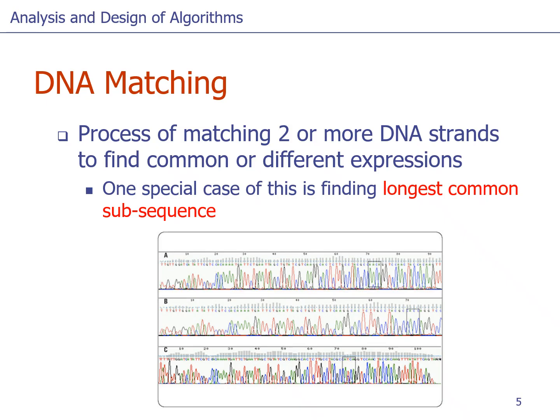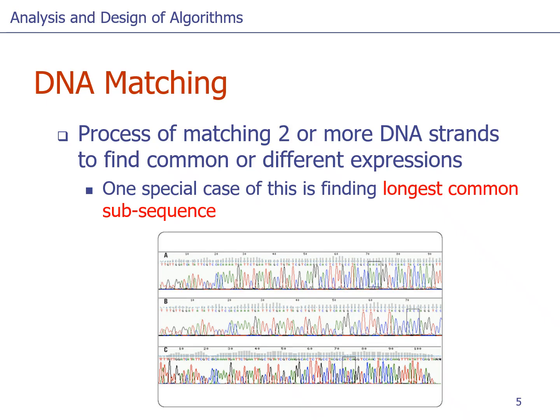Now, given 2 DNA strands or more, let's just focus on 2 because 2 will be more than enough for us to present how we can solve it with DP. If we have 2 DNA strands, we would like to know the longest sequence that repeats between the 2 strands. For example, it could be like the size is 4 or the size is 5.